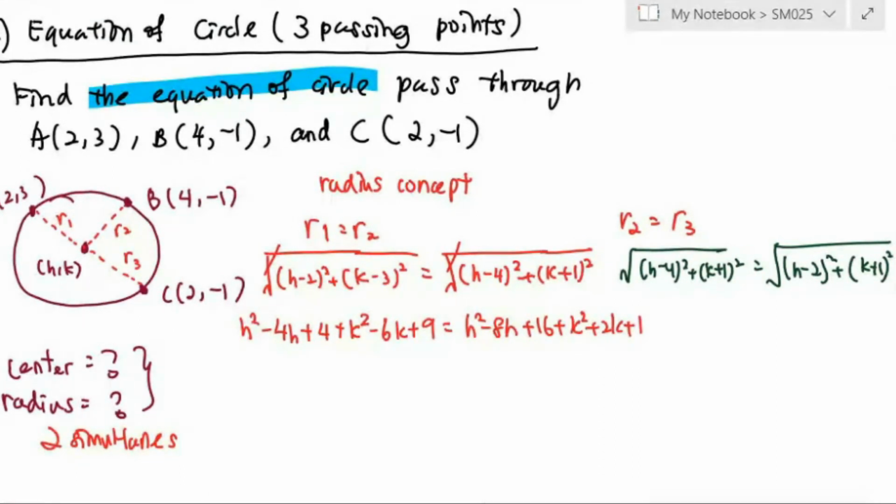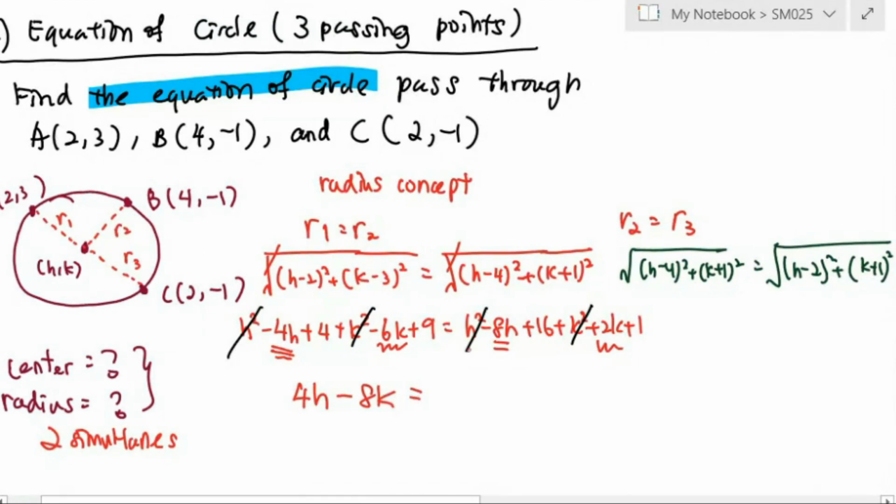When we rearrange our equation, you will notice that h square minus h square cancels off, and k square minus k square is simplified. Leaving negative 4h plus 8h, so 4h. For k, negative 6k minus 2k, so negative 8k.